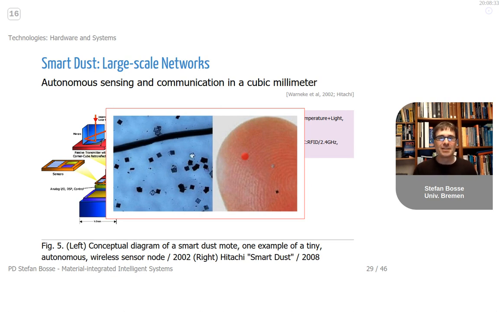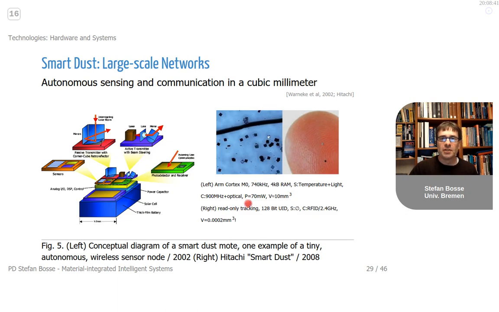Here you see another thing called Smart Dust 2 from Hitachi from 2008, but it's not really a sensor. It's just a read-only tracking device provided by RFID, with a 128-bit user unified identity.